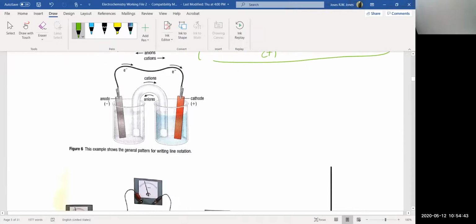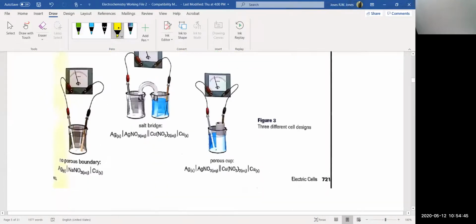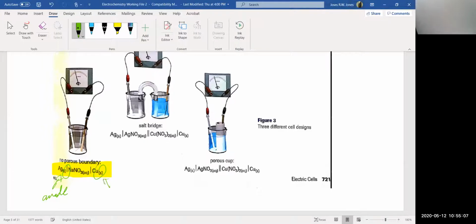So that's the setup over here, and then let's look at line notation. Line notation for the galvanic cell, where the entire redox reaction occurs in the same beaker. Look at this vertical line over here. This vertical line represents the phase barrier between the anode and the cathode.